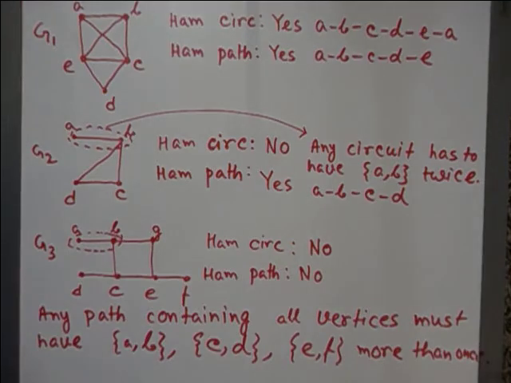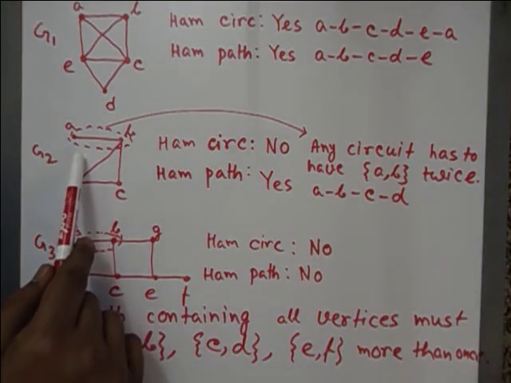A few things that you should look into while checking whether the graph has a Hamilton path or Hamilton circuit are the conditions for the existence of a Hamilton circuit. For example, a graph with a vertex of degree 1 cannot have a Hamilton circuit.